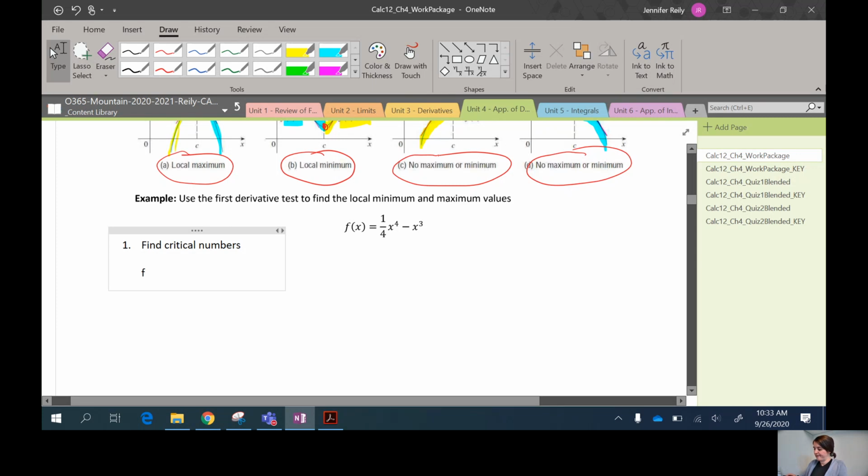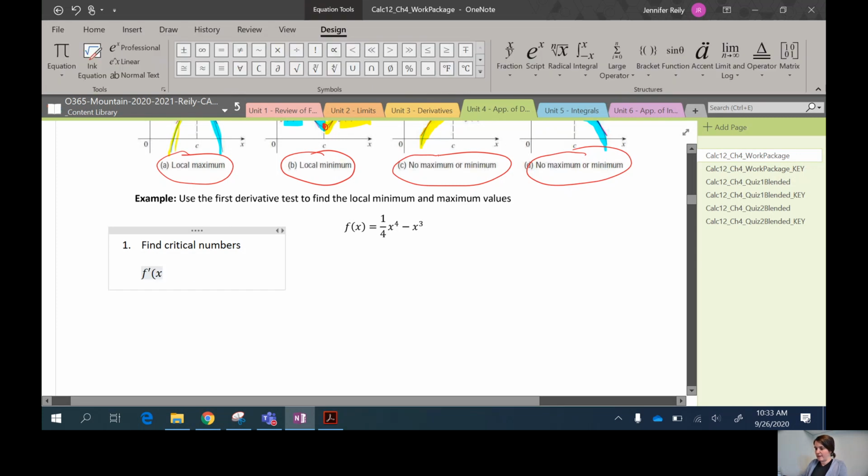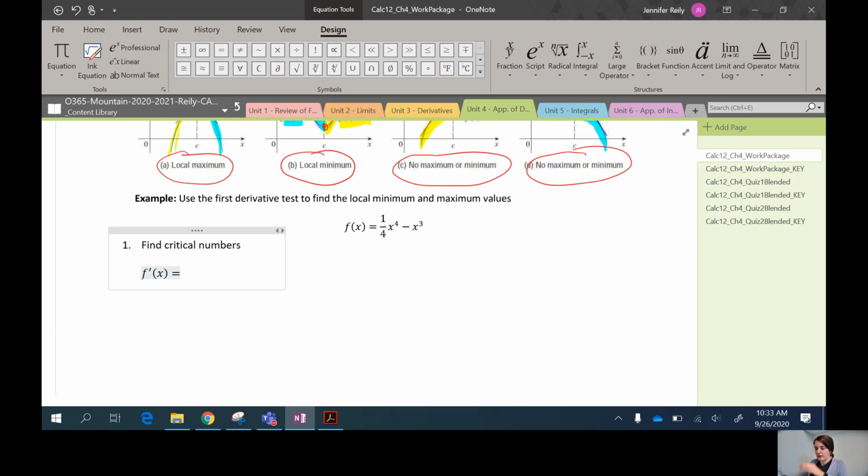So we need to find the derivative. F prime of x equals, okay, so the 4 is going to come down, and that's going to cancel with the 1/4. So it's going to be 1/4 times 4 times x cubed minus, and then 3x squared.